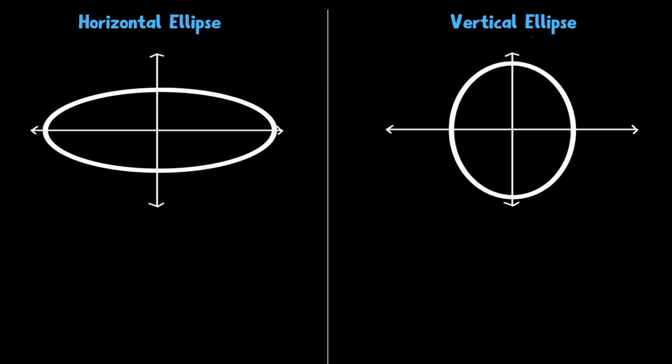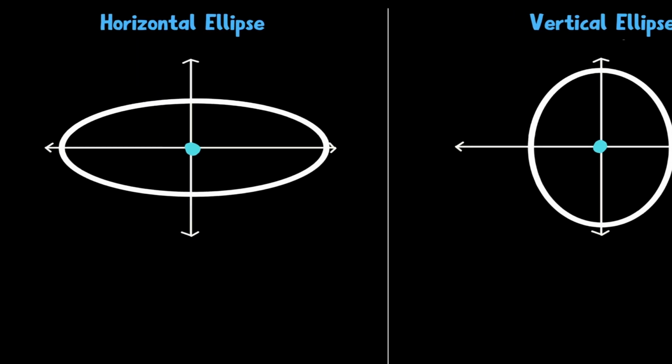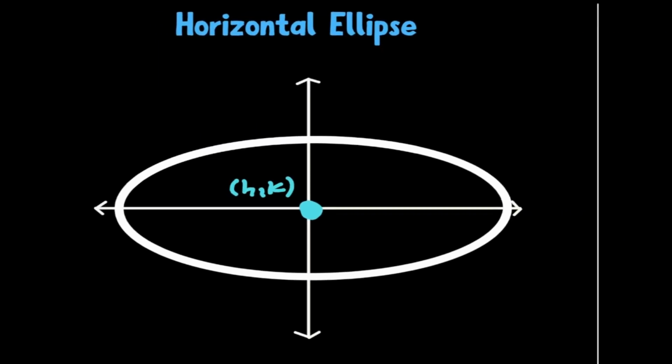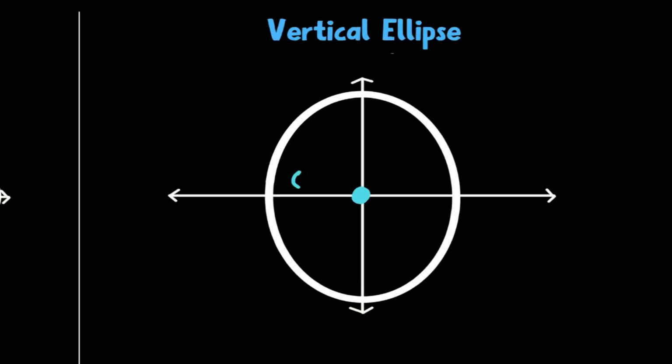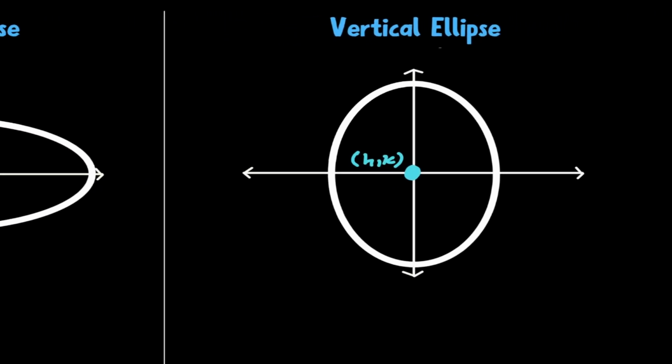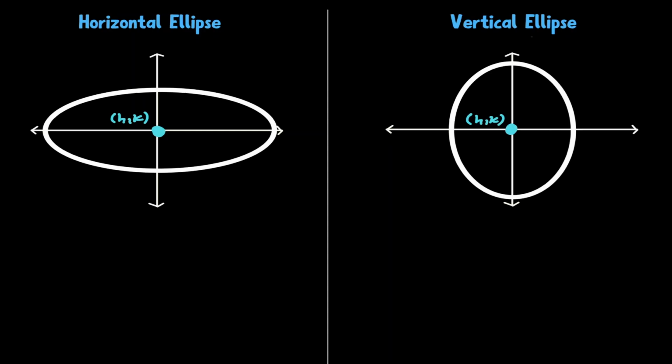But regardless of what type of ellipse we have, the center, we can always represent it as a coordinate point, and we always use h and k to represent that point.